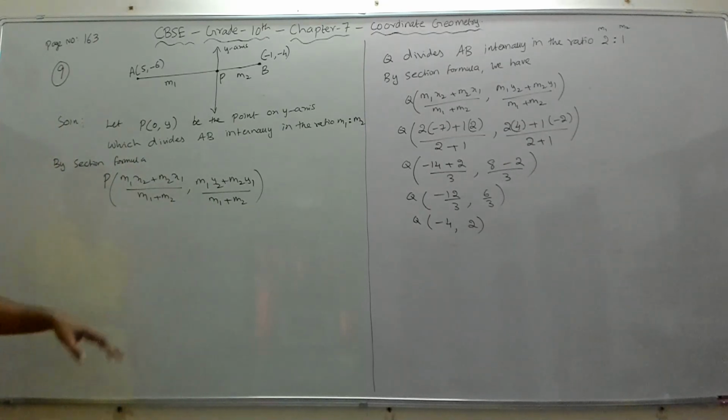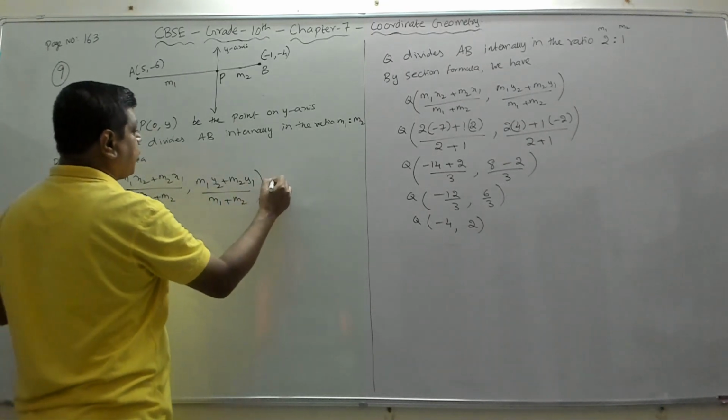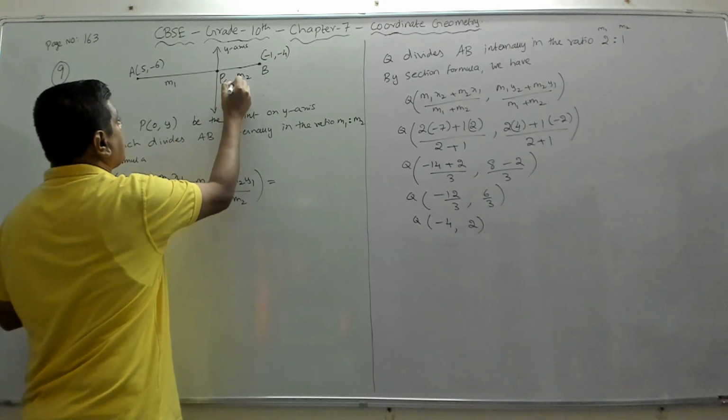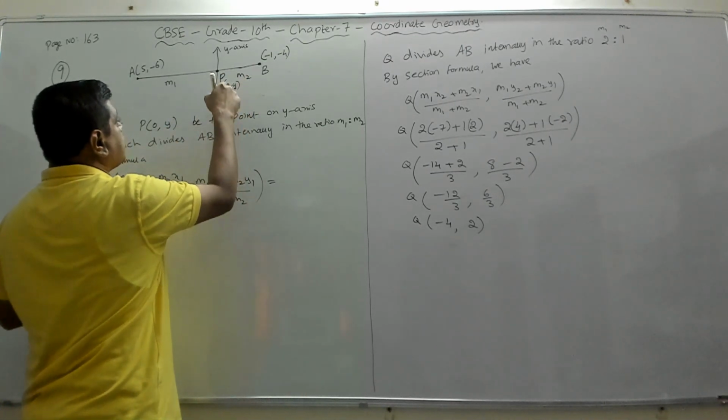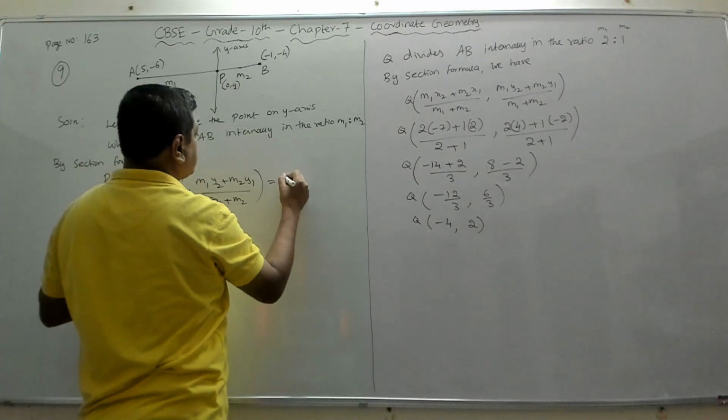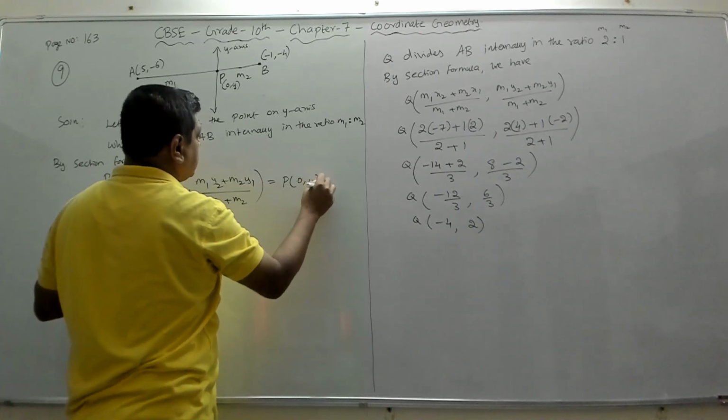So this is your section formula, and this is the same as point P, which is 0 comma y. We can put 0 comma y because it is on the y-axis, so its x-coordinate will always be 0.